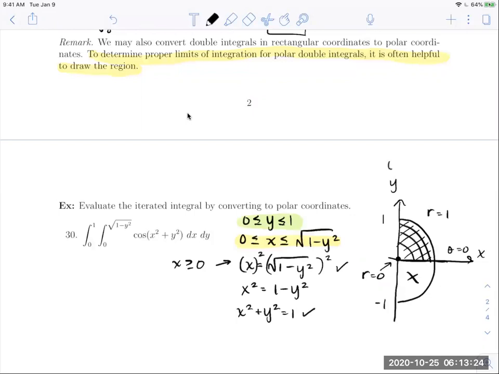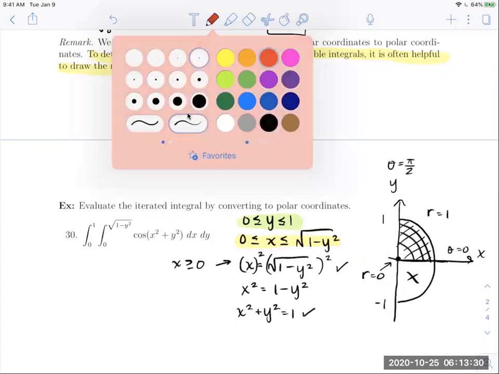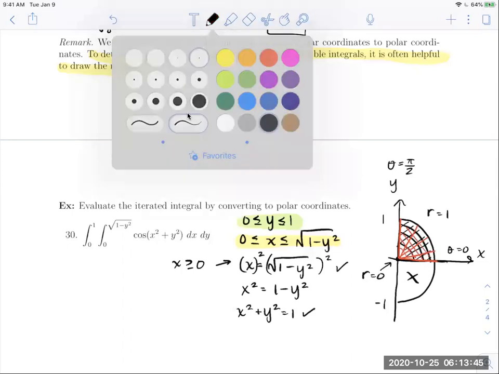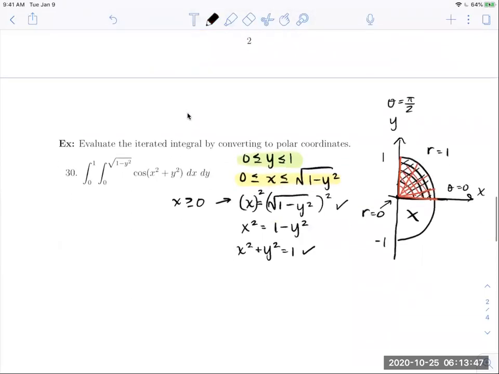The y-axis is theta equals pi halves. So you can see that radially, we're allowing radial lines from 0, pi 6, pi quarters, pi thirds, all the way up to pi halves to get that entire region. All right, I think the hard work here is done.